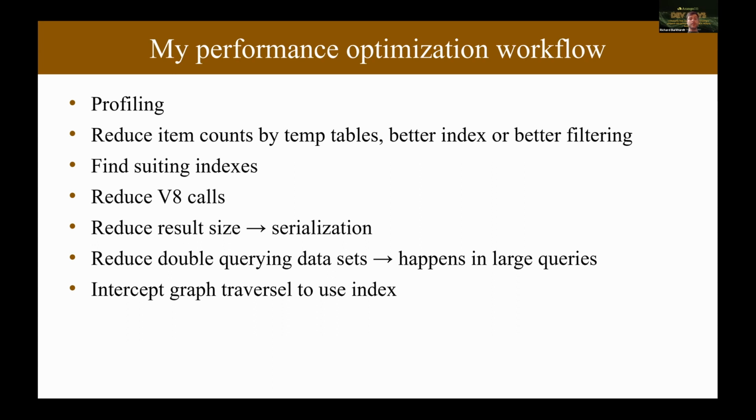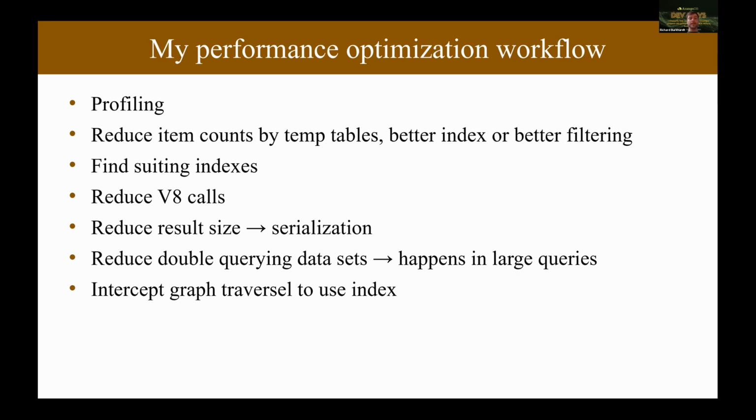What's good to know also is that you should reuse V8 calls, because V8 calls always have that serialization and transferring from Arango space to V8 space. And the result size obviously matters too. If it's too large, you would have problems. And what sometimes happens is that you double query data sets in larger queries. So you should watch out if it's possible to query results or a subquery just once.